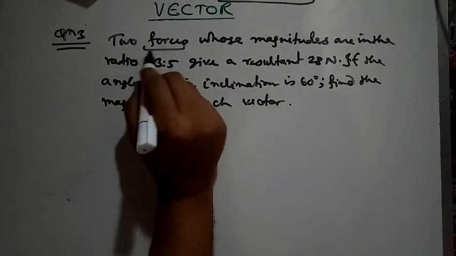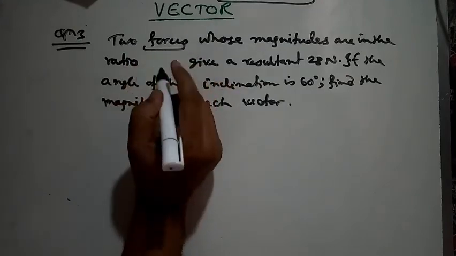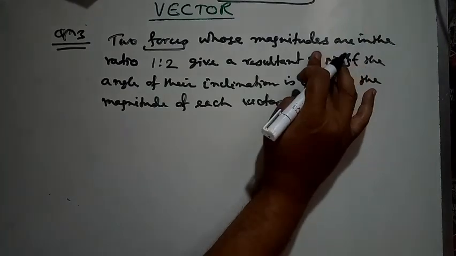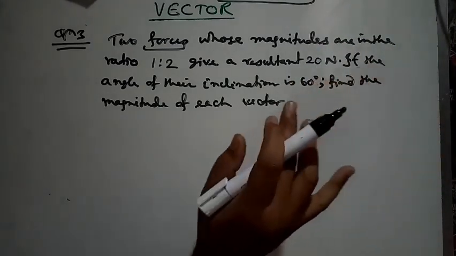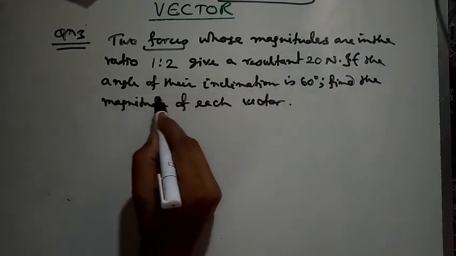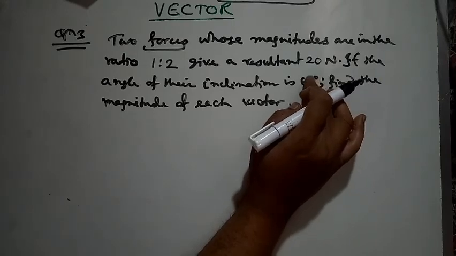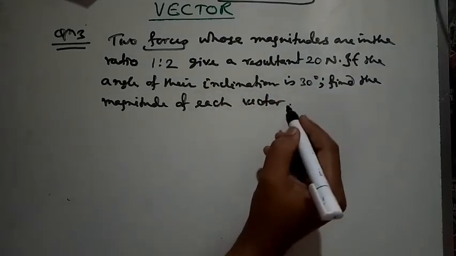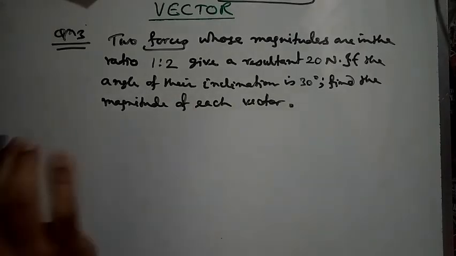Say two forces whose magnitudes are in the ratio of 1:2 give a resultant of, say, 20 Newton. Some answer will be there, I don't know what it is. If the angle of inclination is, say, 30 degrees, find the magnitude of each vector. Get the answer and submit it to me.